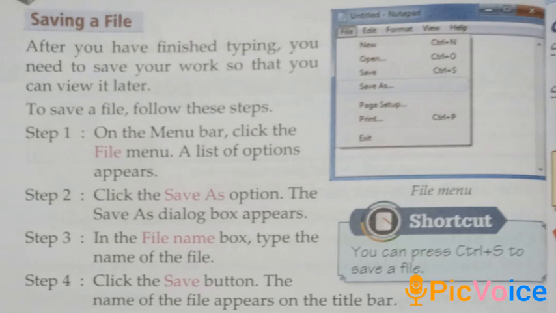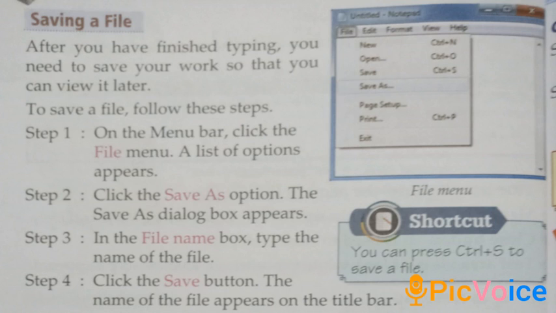Page number 64. Saving a file. After you have finished typing, you need to save your work so that you can view it later. To save a file, follow these steps. Step 1. On the menu bar, click the File menu. A list of options appears.